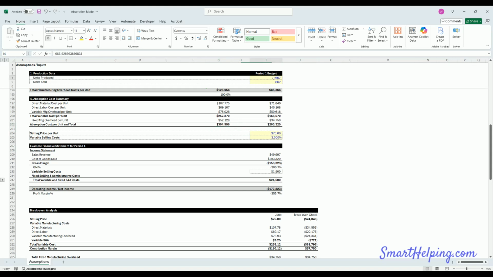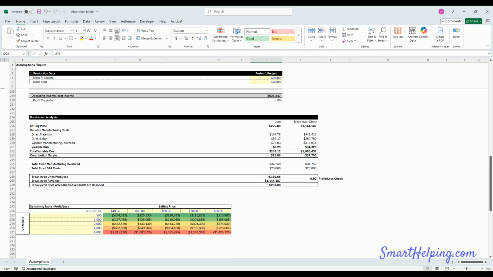Let's say you produce 10,000 units now. Okay, didn't lower it a whole bunch. Let's say 50,000. Okay. Still not, $253,000 or $253 a unit. So let's say this is 275. Okay, under these circumstances, at $275 a unit, the sensitivity table is not going to be that helpful.